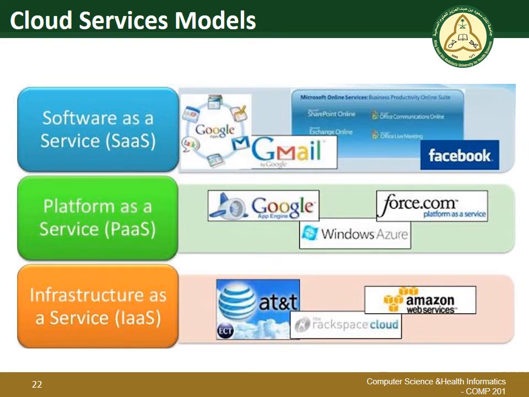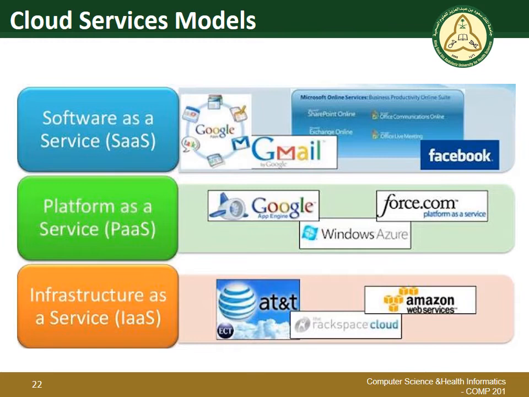For platform as a service, we have the Google App Engine that allows you to create apps, we have Windows Azure, and Force.com. All of these provide tools that allow application developers to create applications for the basic individual end users to consume. So it's good for a company that has a very clear business model.